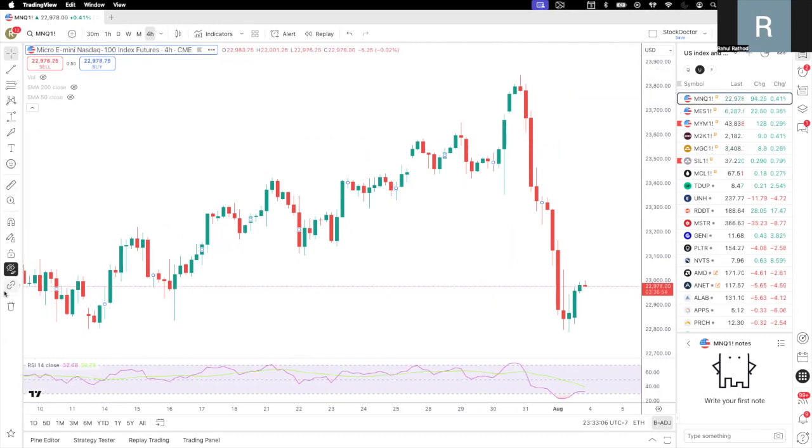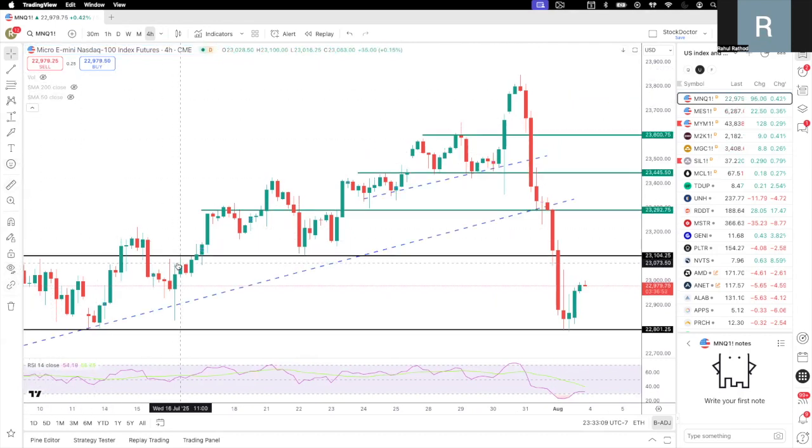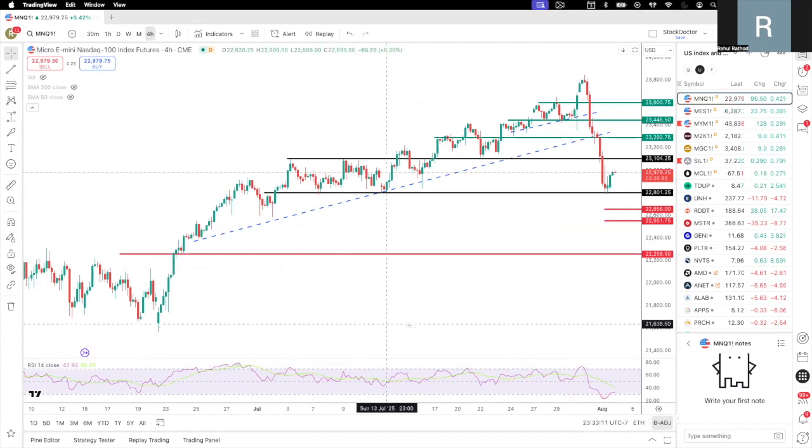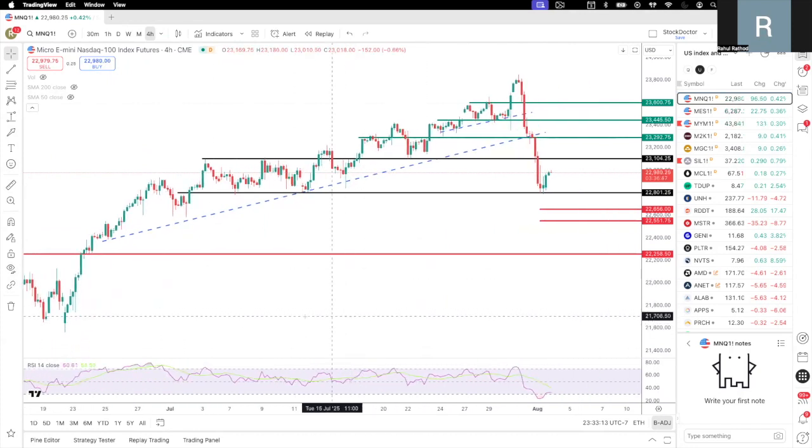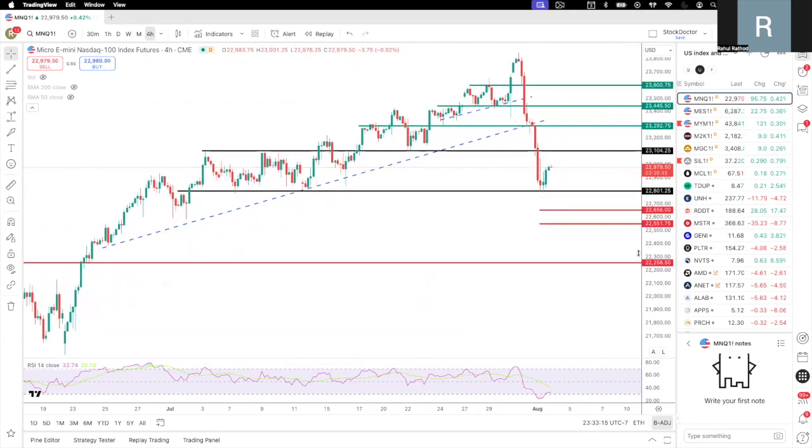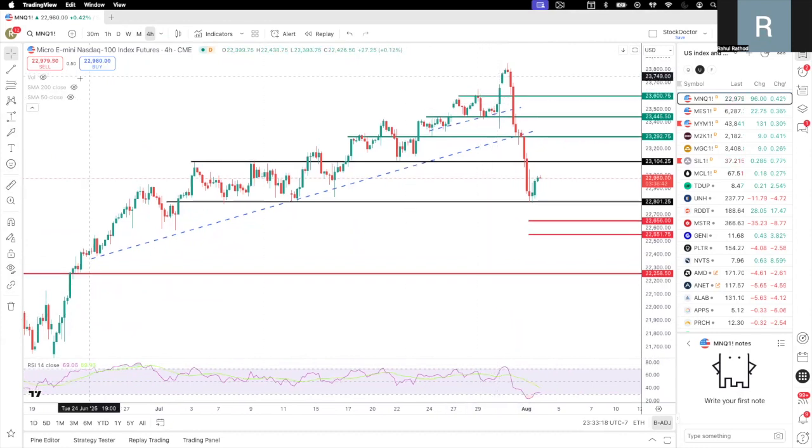So I have converted to the 4 hourly time frame. This is the chart of the 4 hourly time frame. You need to look at these two important trend line supports. The first important trend line support is this blue one. It got broken, and then you saw a fall, and now the second trend line got broken here, and then you saw the fall here.